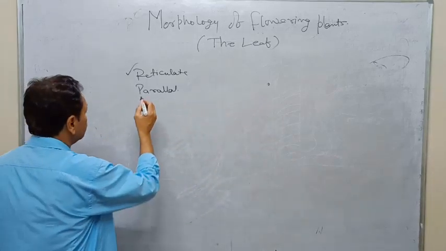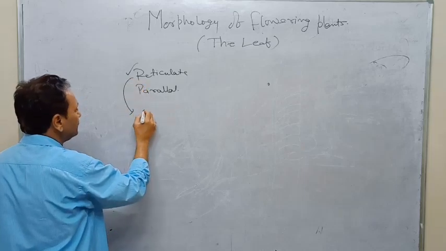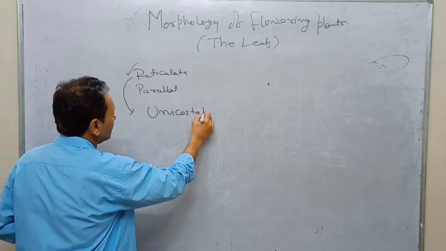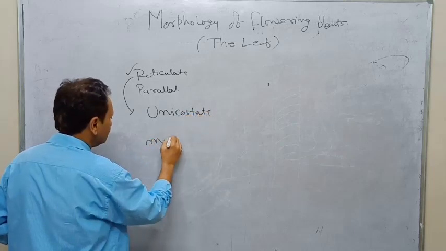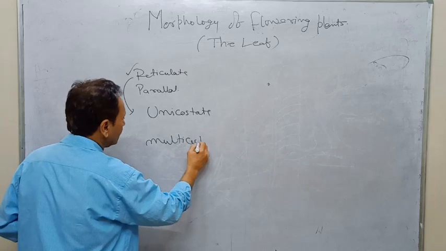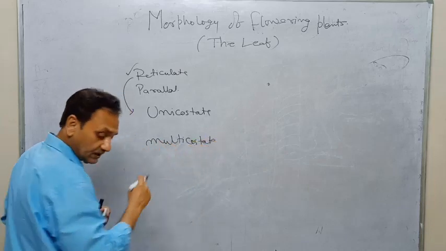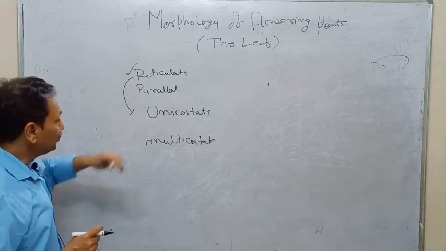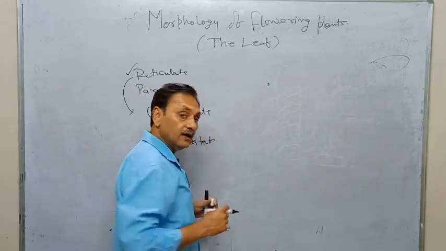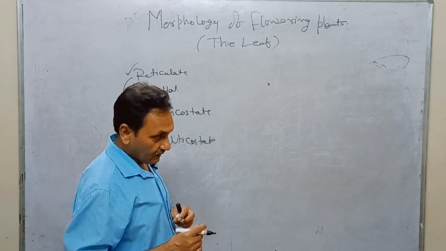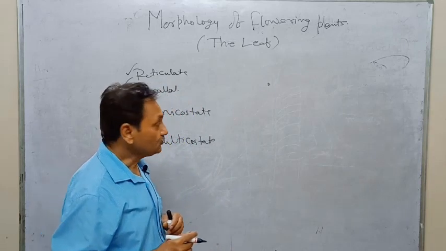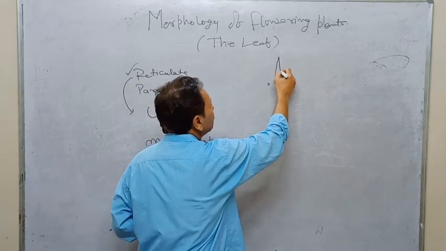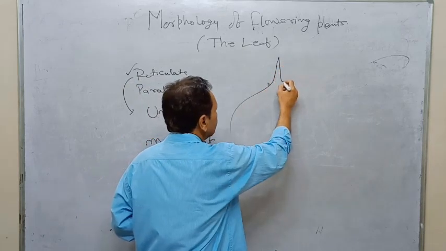Reticulate venation is of two types, unicostate and multicostate. Unicostate, in case of the banyan tree and the peepal tree, we will see that this type of leaf is present.